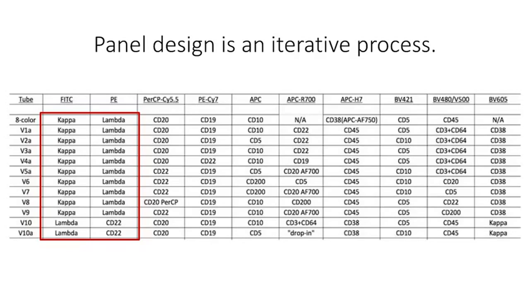In the beginning, we were looking at APCR 700, and we looked at PerCP-Cy5.5, we looked at PE-Cy7, we looked at BV480. But as you can see, ultimately we decided PE was the best place for CD22. But that means that we're going to have to displace a light chain, which is a big deal for us because the light chains obviously are very important in looking for B-cell clonality. Next slide, please.